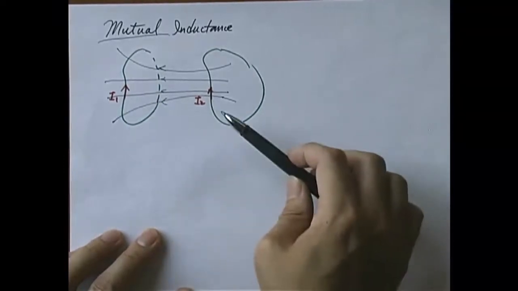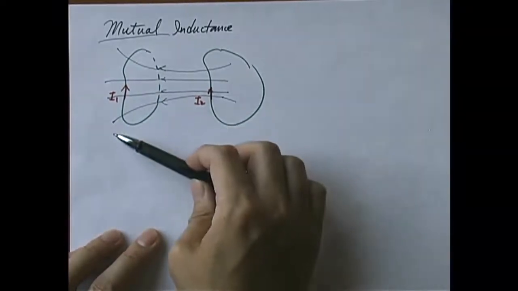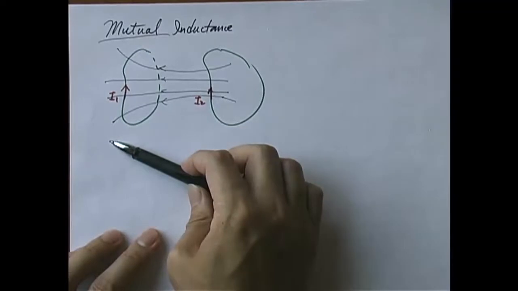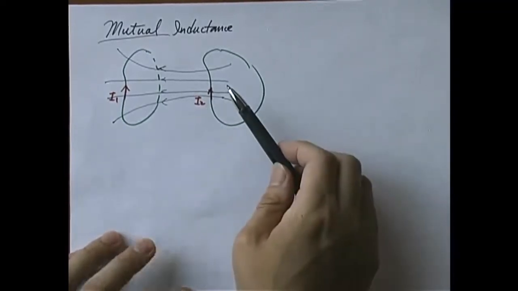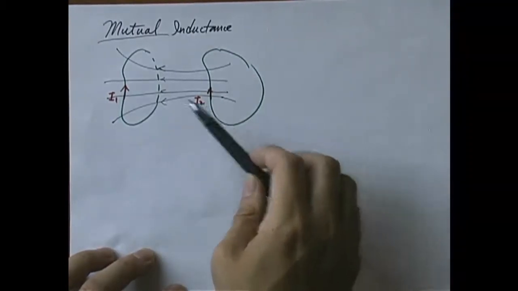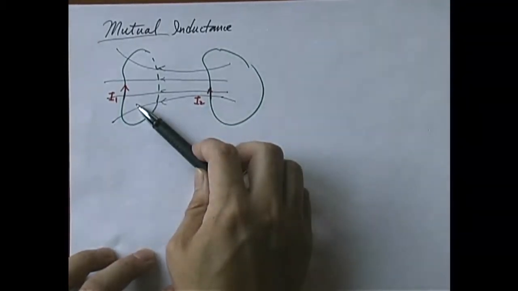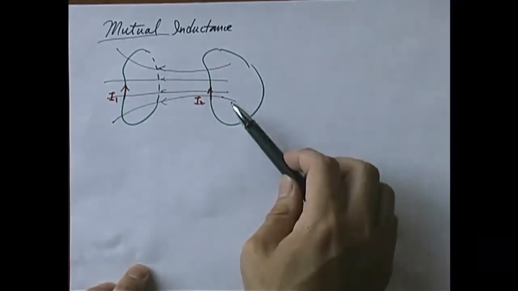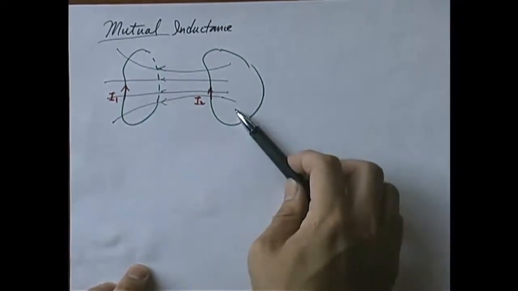It is not caused by your own current change, it's caused by somebody else's current changing over time. And then we say that there is a mutual inductance between these two elements close to each other. A changing current in one element can cause an induced EMF in the other element, and vice versa.